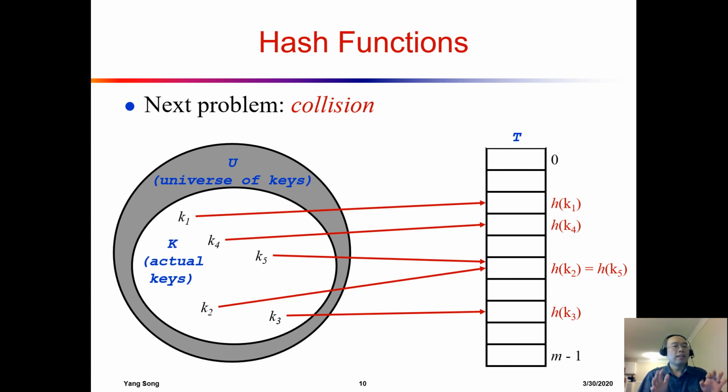Even though the keys can be very large and we can have a big range of keys, when we take a key and apply the hash function, it will tell me which specific slot in the hash table we can find the value, and the hash table itself should have a reasonable size. Okay, so this is the concept of the hash function, and I will see you in the next video.